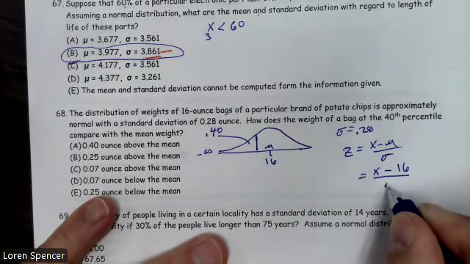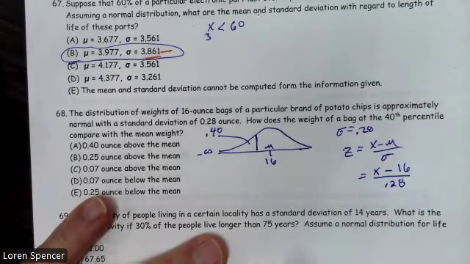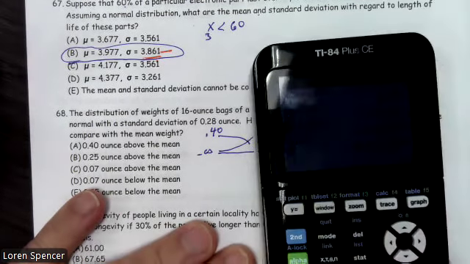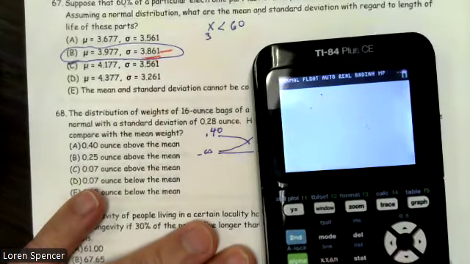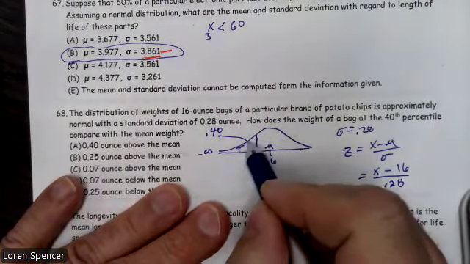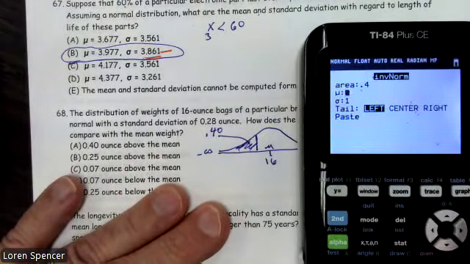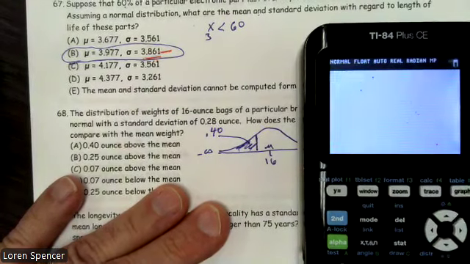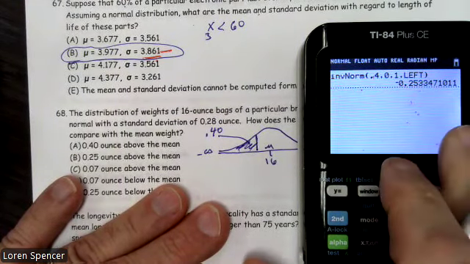I know my standard deviation is 0.28. And I know that if I do an inverse norm, second vars inverse norm, I can get 0.4. And remember, all z-scores are 0 and 1, and this is coming from the left because that's where we're shaded. We end up getting negative 0.2533.